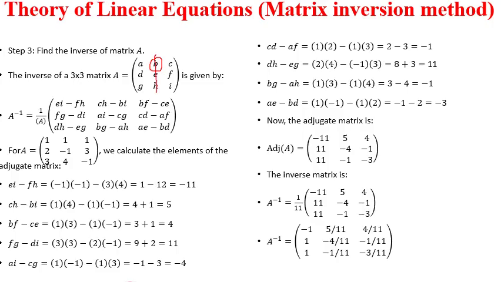So first is to cover the row and column relative to the element to form the minor matrix, and the determinant of this matrix will form the next element in the adjunct. Do not forget that the sign here will now be alternated, and that is why we've got the determinant of the minor to be this.